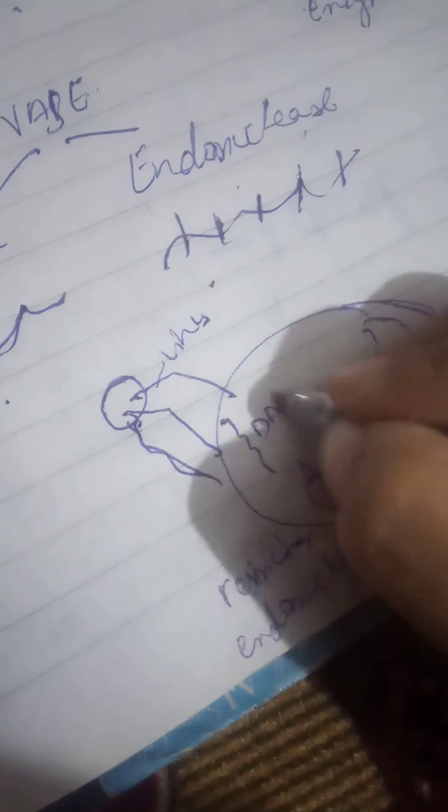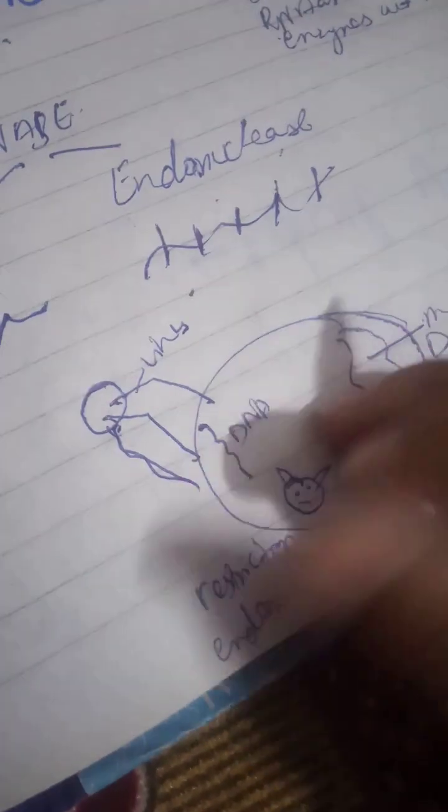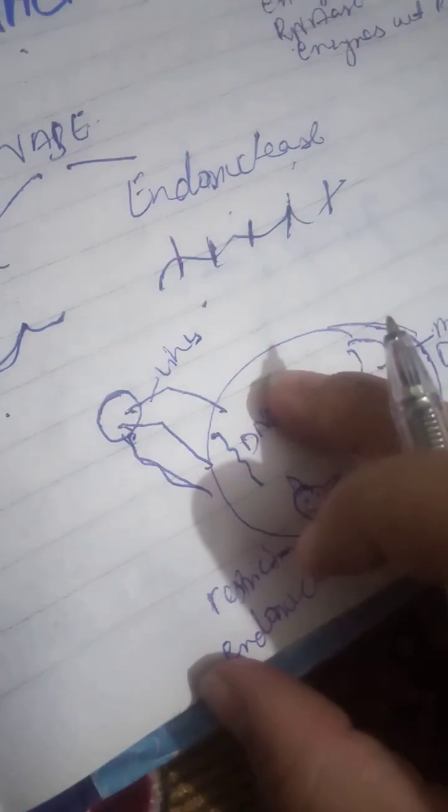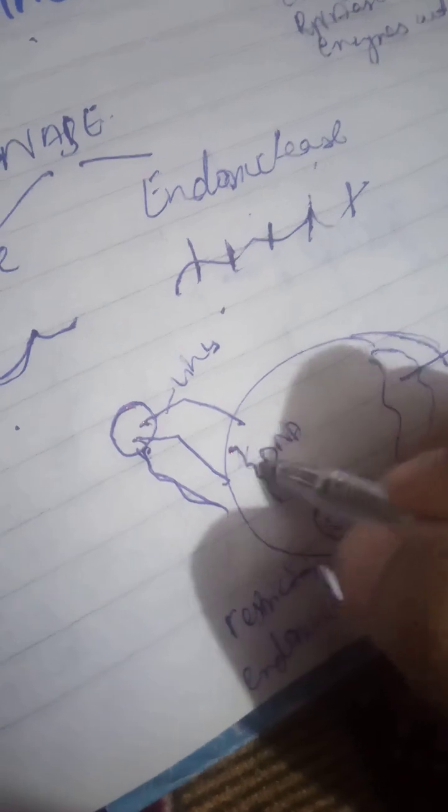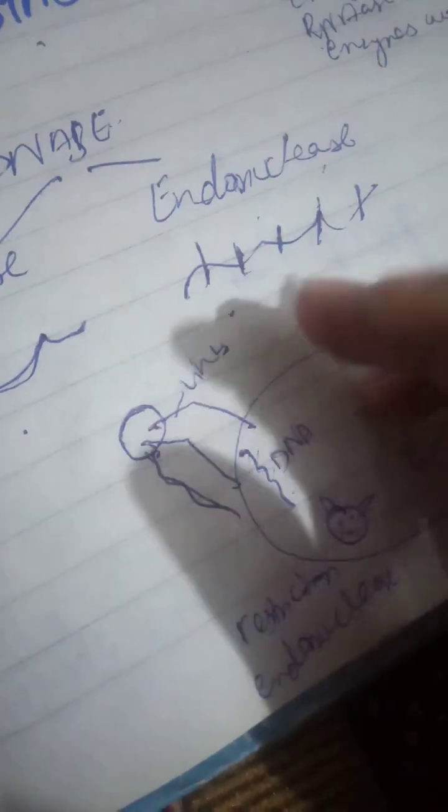The virus inserts its DNA into the cell body. Now the restriction endonuclease performs its function: it recognizes the virus DNA and cuts it into pieces.